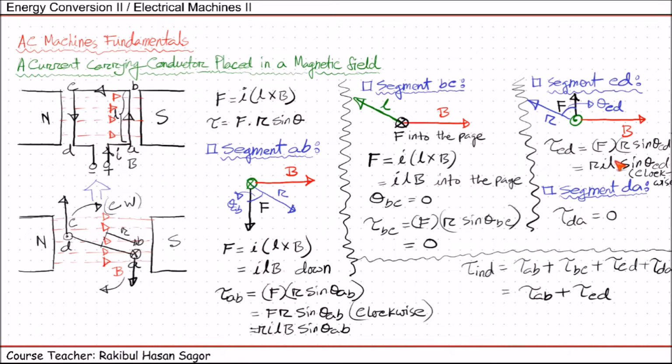Oh, here I forgot to put B. So here it is RILB sine theta CD. So which can be written as RILB sine theta AB plus RILB sine theta CD.